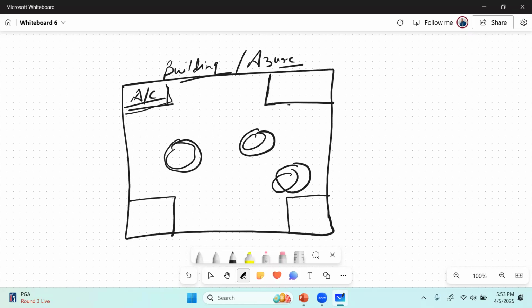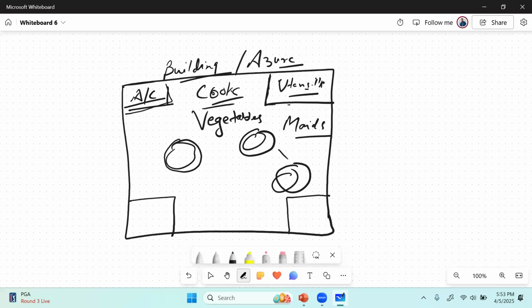The owner says, I will give you all the tables, all the utensils and everything required to cook your food, the vegetables, the labor, the cooks, the waiters, the interior, like the aquarium, anything apart from the infrastructure will be given by me, but the menu will be decided by you.